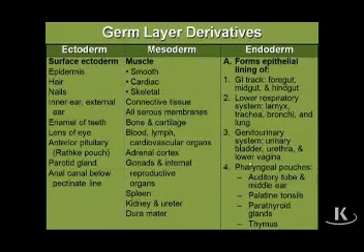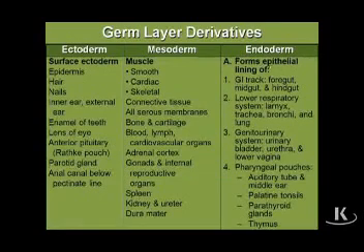What we will be doing, in fact, over the course of our continuing discussion is be talking about each of these structures in their appropriate place, and when we do, we'll go back and understand how those structures came from those layers. There are just a couple of general points that I'd like to make while we're looking at this slide. The cells that are derived from the endoderm and the cells that are derived from the ectoderm all end up being epithelial cells or epithelial-derived cells.